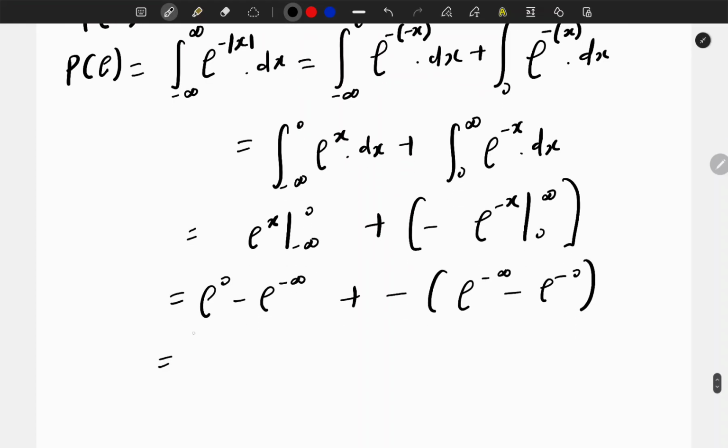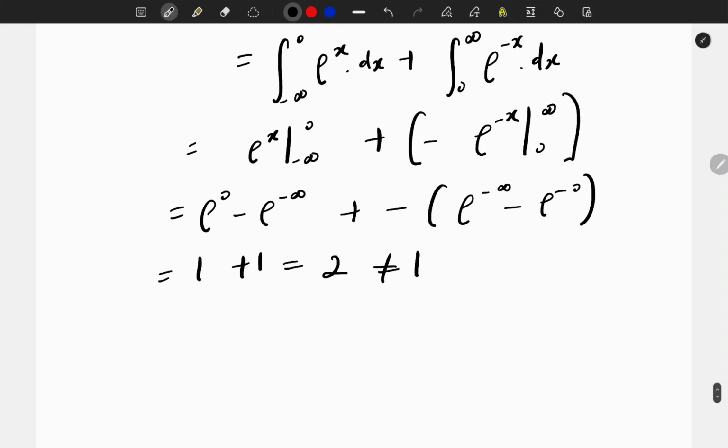Anything to the power 0 equals 1, and exponential minus infinity decays to 0. So we have 1 plus 1, which equals 2. Since this is not equal to 1, this is not a probability set function.